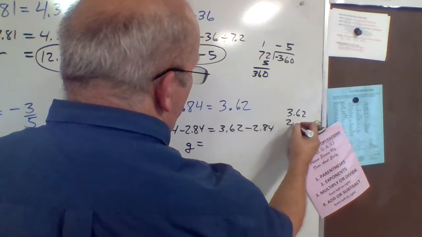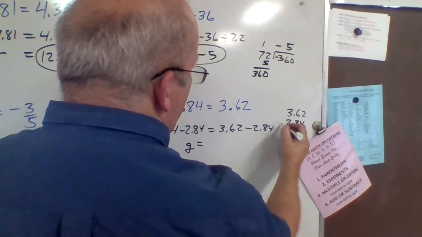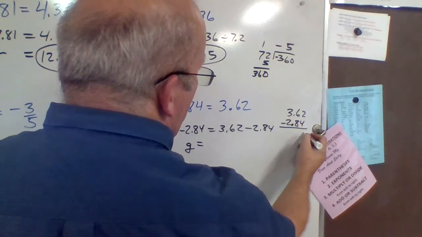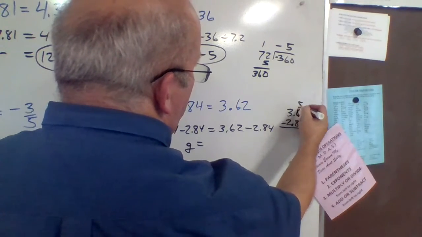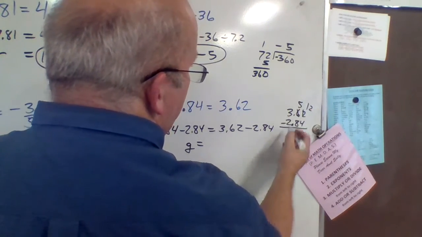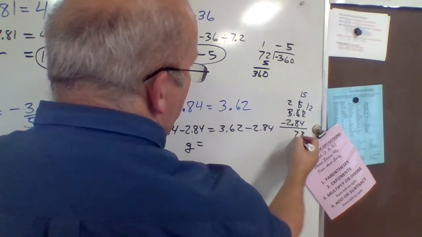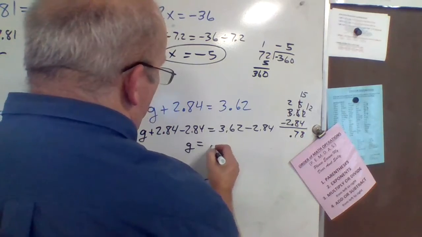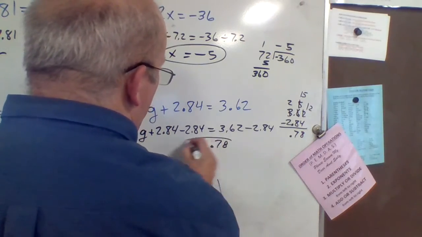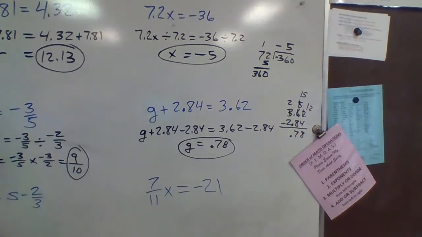Don't forget that when you're subtracting, you've got to line up the decimal points. And we get, this is a 5 and this is a 12. Oh, I'm going to have to borrow from this to make this a 15. 7. I get 0.78 is my value of g.